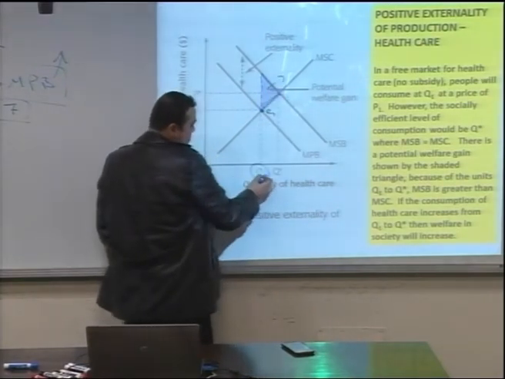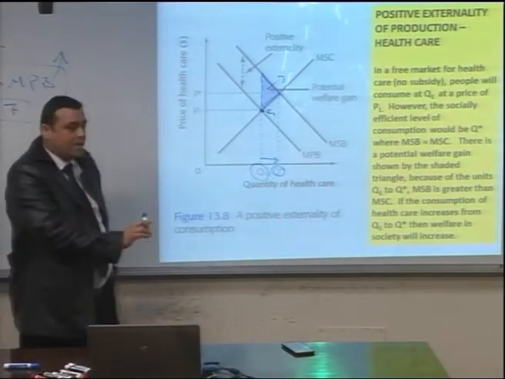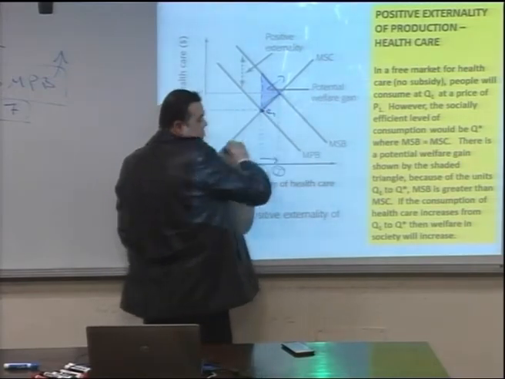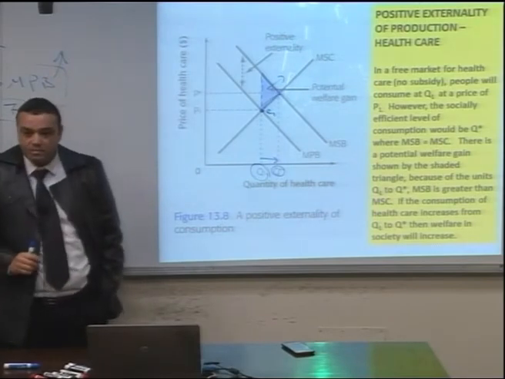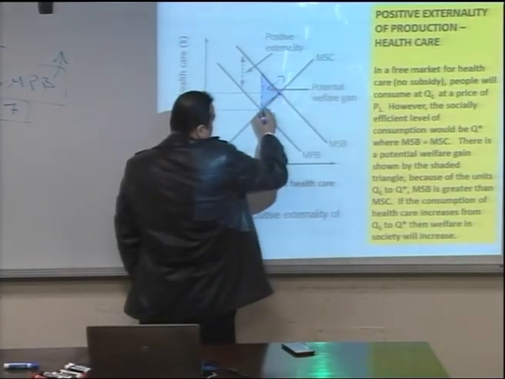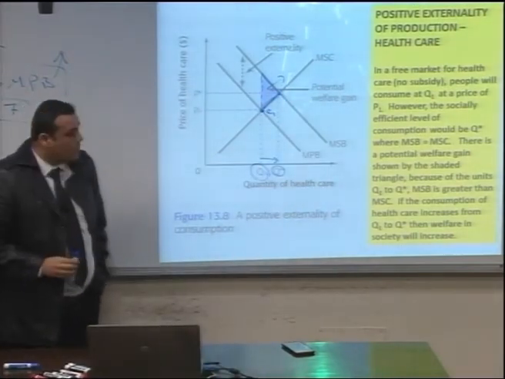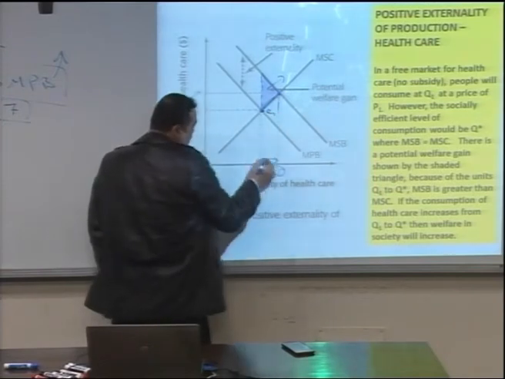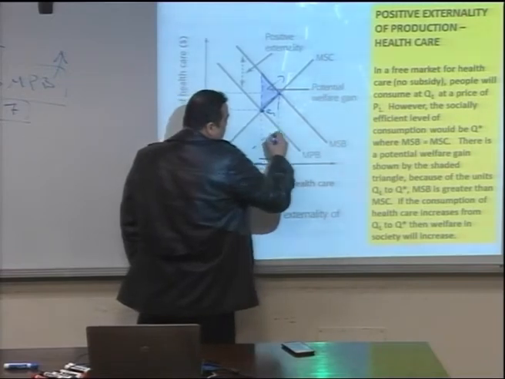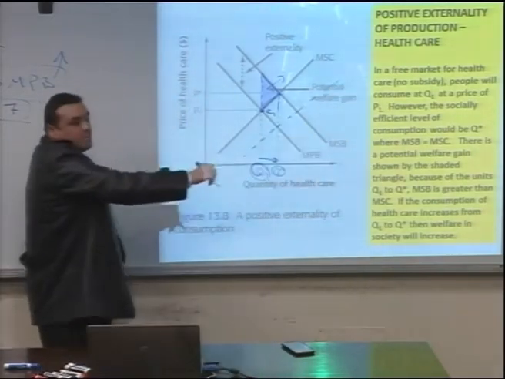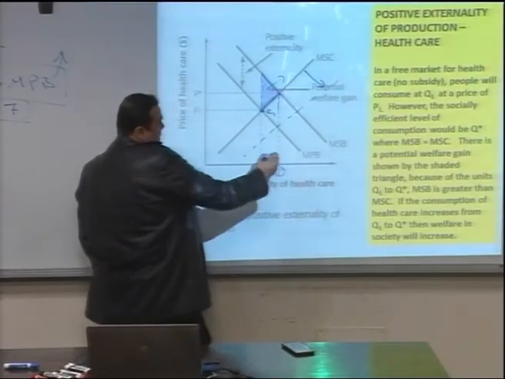We can increase Q1 to Q star either by increasing the marginal private benefits, encouraging demand for vaccination, which leads to a rightward shift of the marginal private benefits, so the quantity will increase from Q1 to Q star, or we can give subsidies to encourage vaccination here.